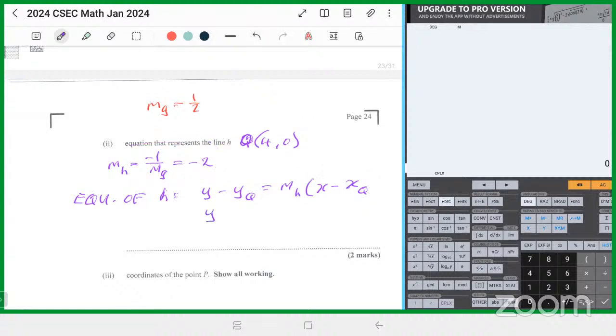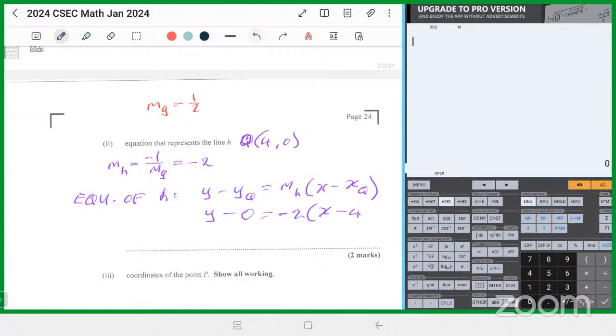So it's y minus the y value at the point that we know, which is 0. So it's y minus 0 equals the gradient, which is -2, into x minus the x value at the point, which is 4. All right, need that bracket over here. So subtracting 4.